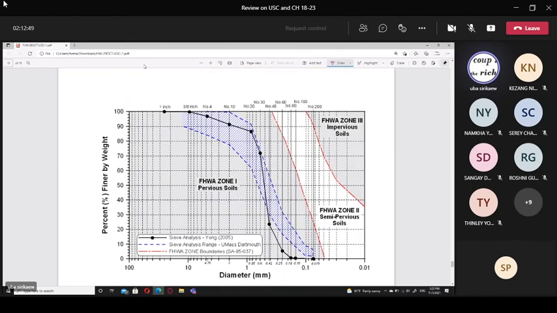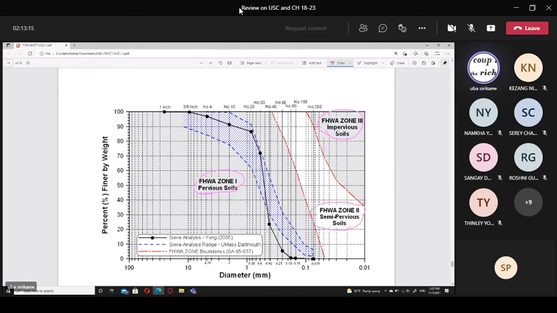So what about this? They state that this is pervious soil, semi-pervious soil, and this is impervious soil. This is the characteristic of the soil.